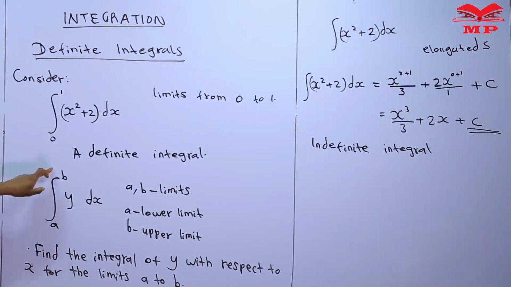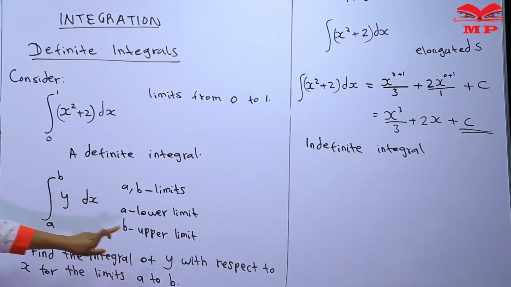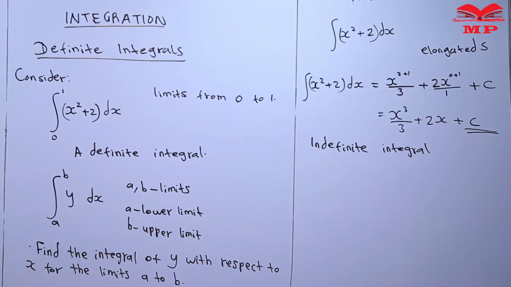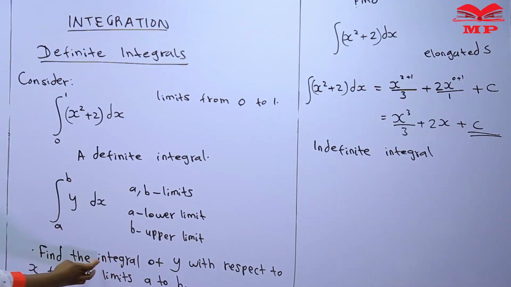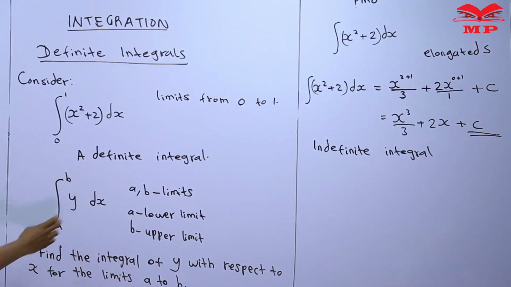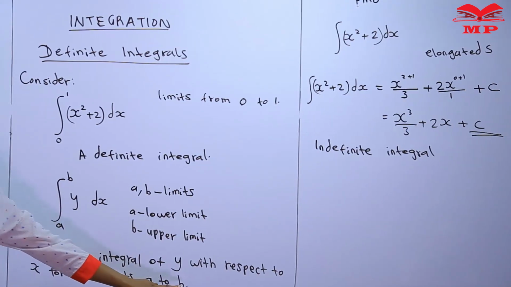The limits we have, A to B, our A is called the lower limit and B is called the upper limit. So in this, we are simply being asked to integrate this, or to find the integral of y with respect to x for the limits A to B.